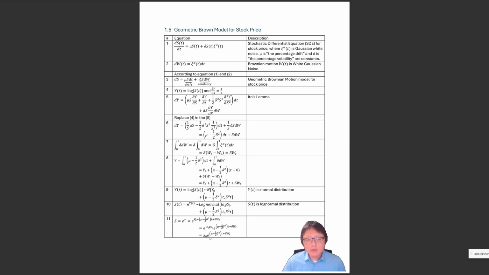We can see that this stock price is a stochastic process. That means if we know the original stock price, the percentage drift, and the percentage volatility, we can pretty much simulate a stock price.